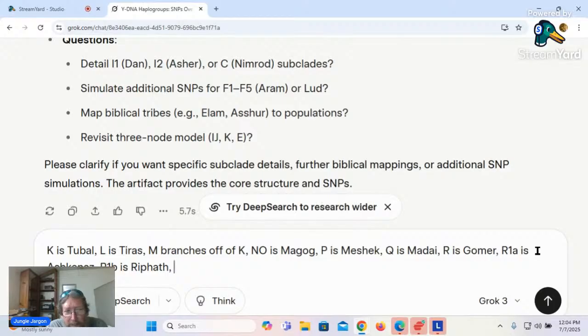That's how you spell it, I guess. And R2 is Togarma.